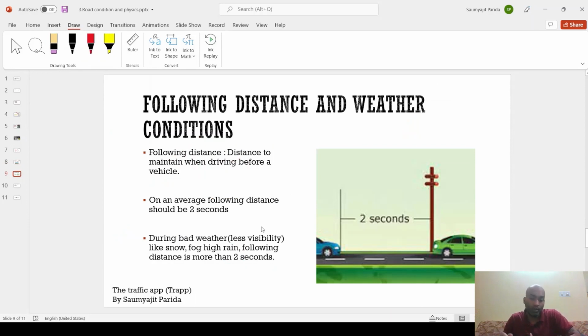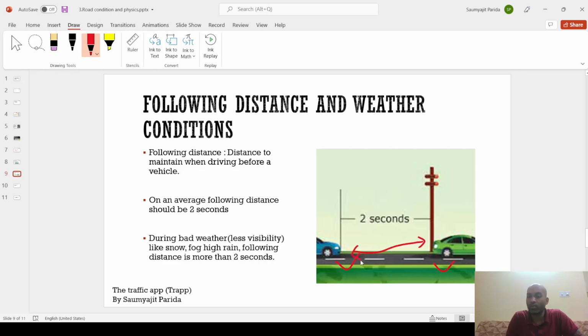Then the following distance. For example, as you see here, two vehicles are going on the road and they are continuing smoothly, there is no disturbance, but you will always see that there is some gap between two vehicles.